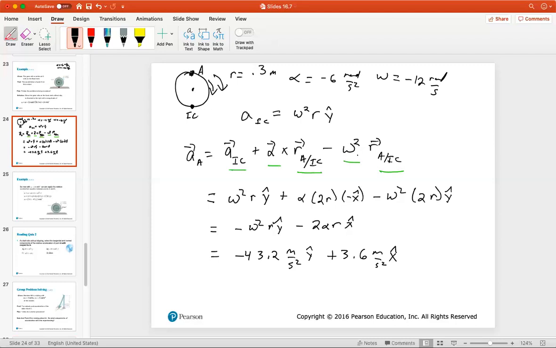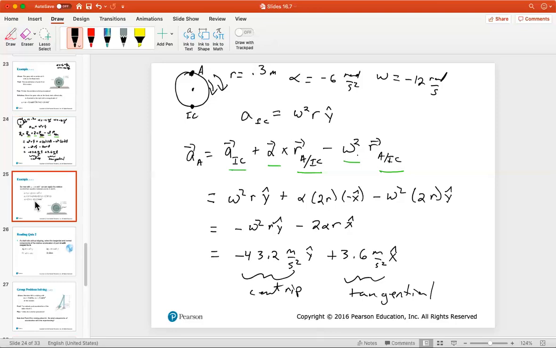So at this point, the object has both a radial or centripetal acceleration, which points down to the center, and a tangential component, which is the tangential component of acceleration that propels the wheel forward.